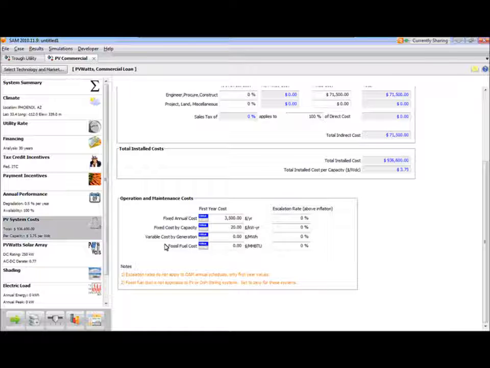So that's a little confusing, but be aware that for PV systems, you should assign a value of 0 to the fossil fuel cost, and that it doesn't affect results.